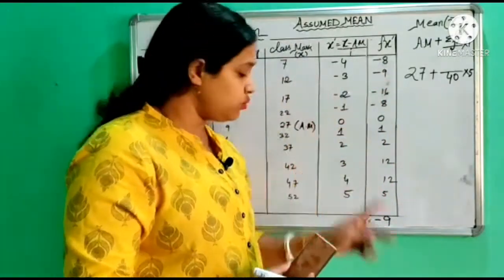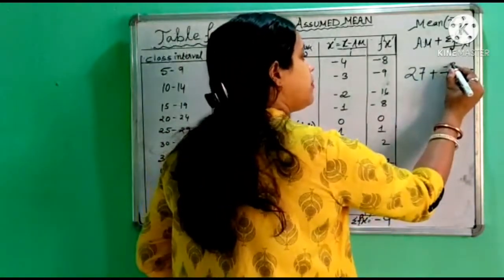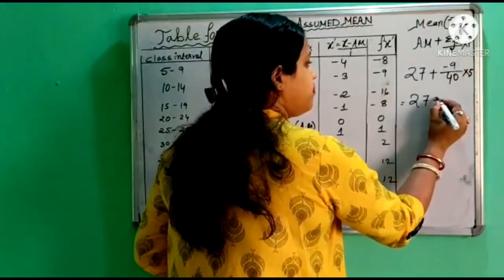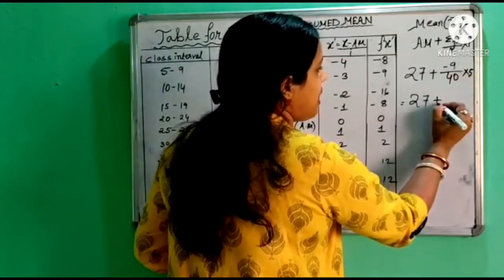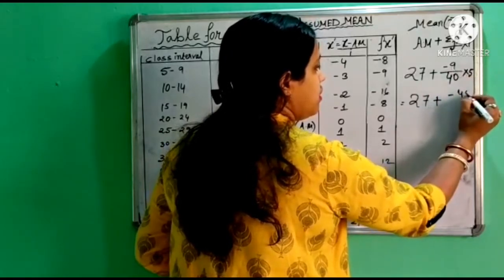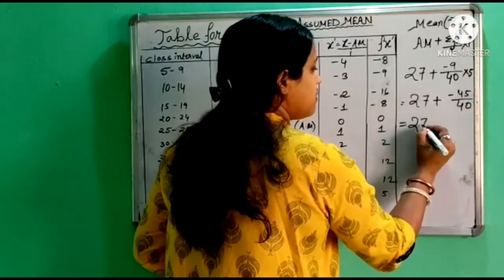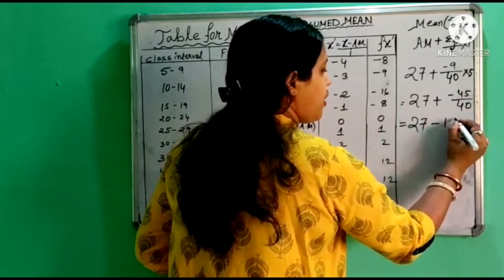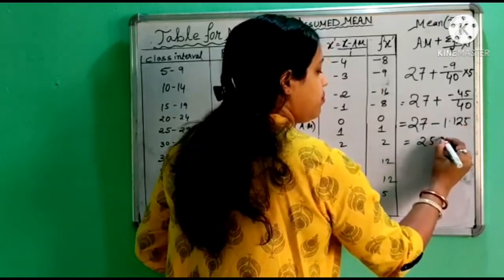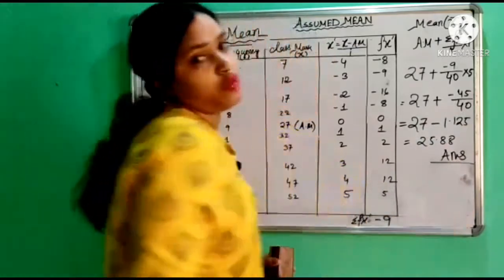After that calculation we find summation fx dash is minus 9. So we put minus 9. What happens? 27 plus minus 45 divided by 40. Then 27 minus 1.125, and we find 25.88. This is the answer for the assumed mean.